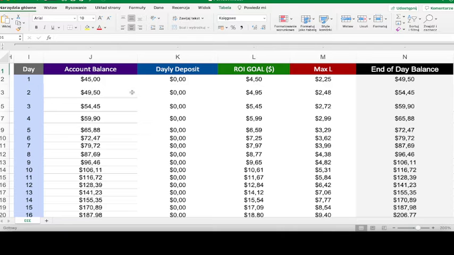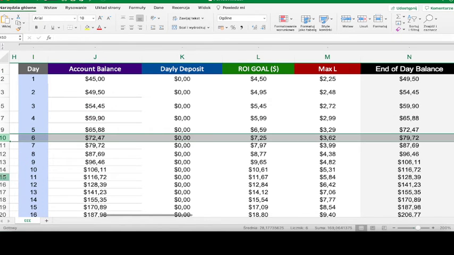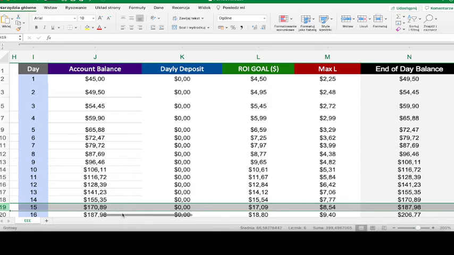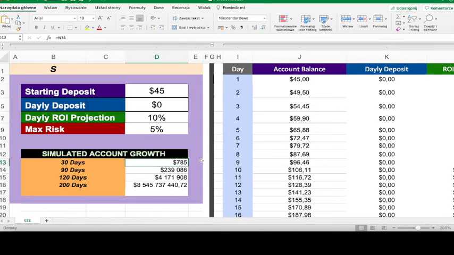Here's perfect model. So if we will follow the 10% profit every day, we should have numbers like that. After 15 days, it should be $170. After 30 days, it should be $785.